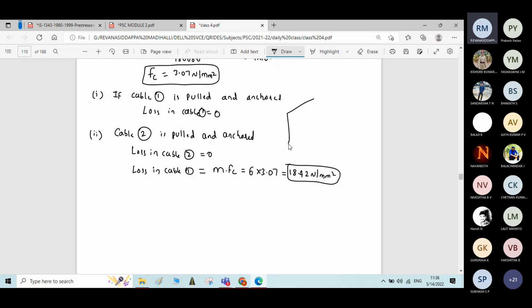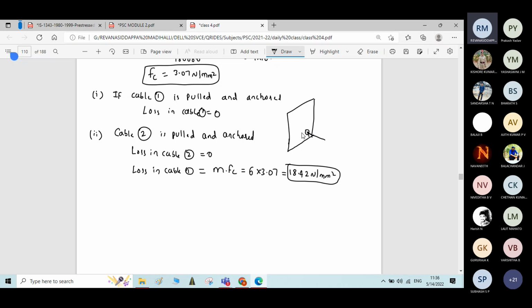See, so this is the cross section we have, and there are 4 cables. Assume that the first cable is pulled and anchored. In this case, there will be loss, but the initial pre-stress is calculated in the bar after the loss, only after the elastic deformation of cable 1. Okay.